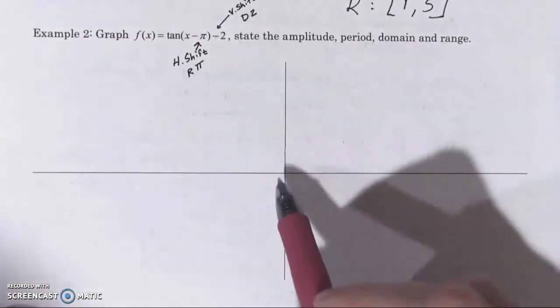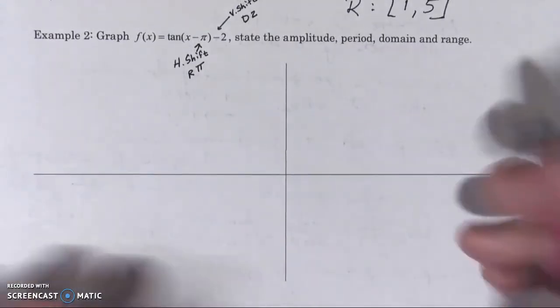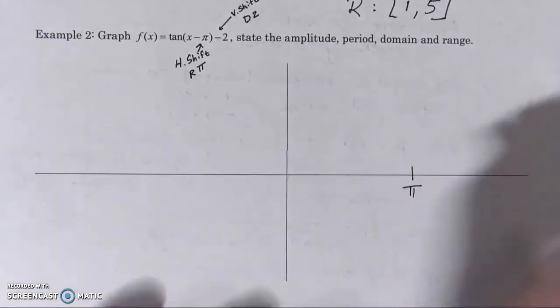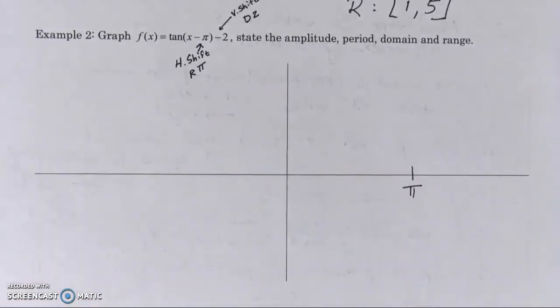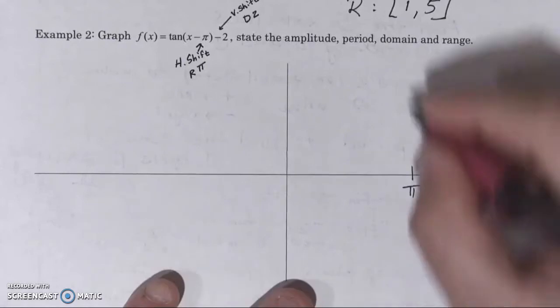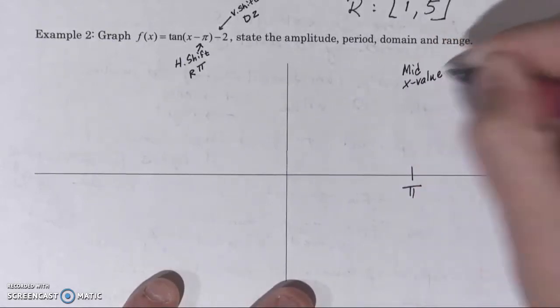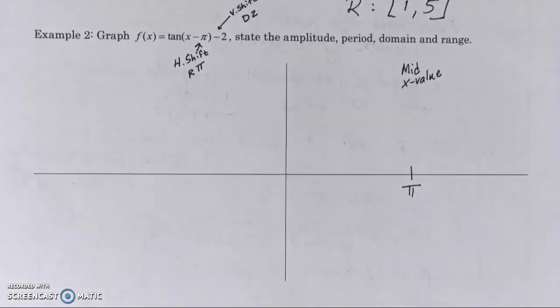If we're shifting a 0, the point that is traditionally at 0 in the parent function, to the right pi, well, it will now be at pi. The main difference between sine, cosine, and tangent graphs is that when we shift the 0, this is the mid x value. It is not the starting or ending point of the one cycle that we traditionally graph. It's the middle. Okay? Just like our analogy of being in the middle of the room just a minute ago. Okay?